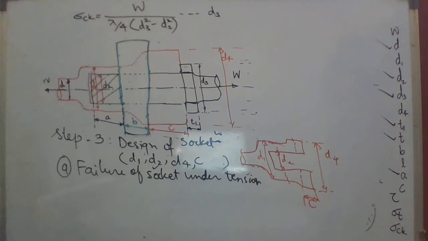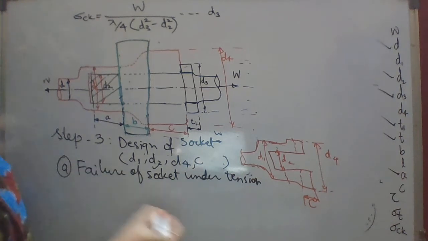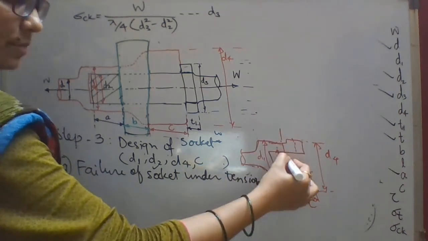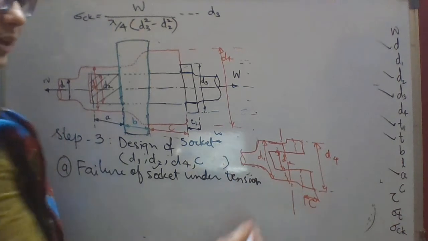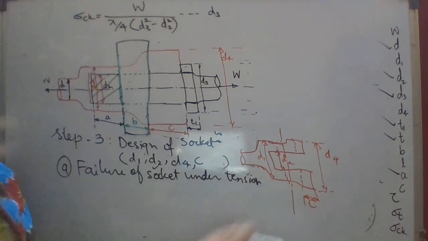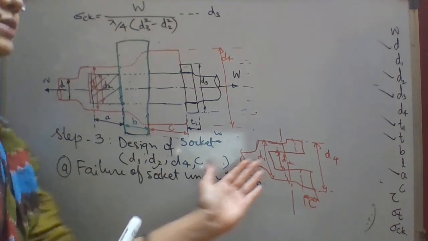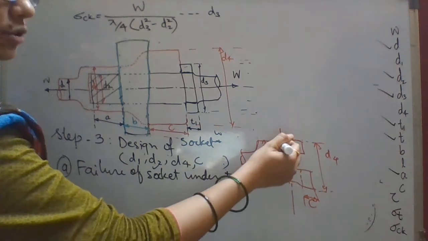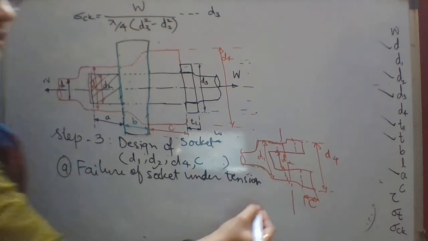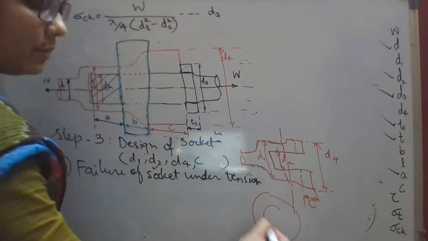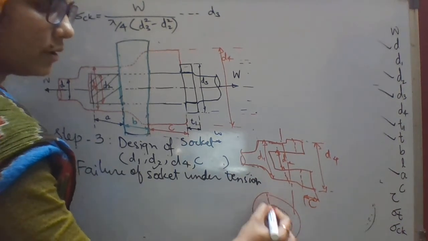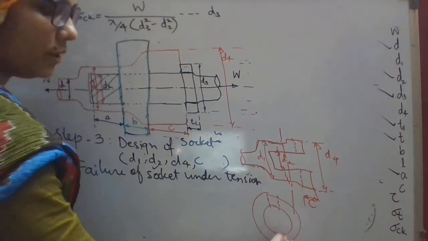How much will be that area? The smallest possible area. I'll draw the section plane. ये उसकी section plane है अगर, तो smallest possible area जो है वो कॉलर के इस तरफ है. तो ये साइड में जो एरिया है वो मैं ड्रॉ कर सकती हूँ. ये स्लॉट बना हुआ है.